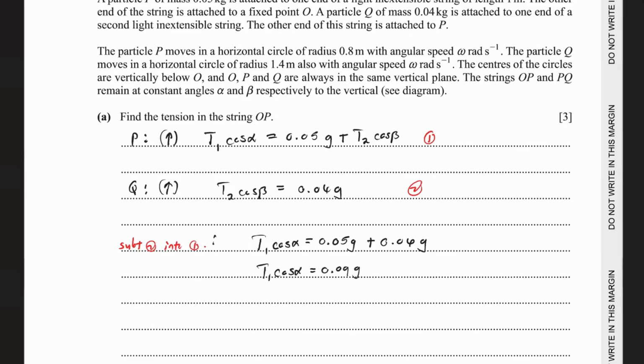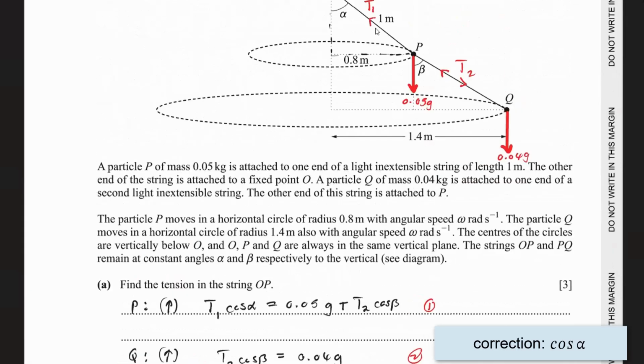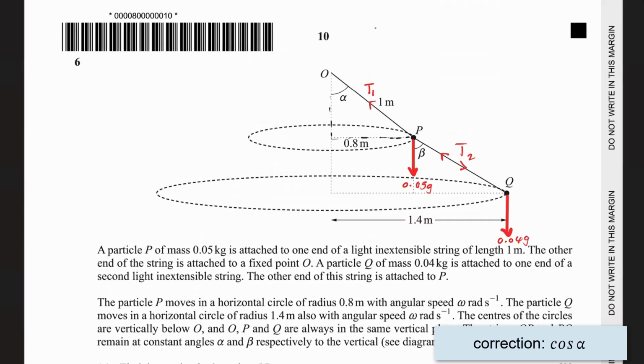So T1 cos alpha is 0.09 G, and T1 is therefore 0.09 G, which is 0.9, divided by cosine of alpha. Now cosine of alpha can be found because if you look at this right angle triangle here, you can see that we've got a 0.8 and a 1.